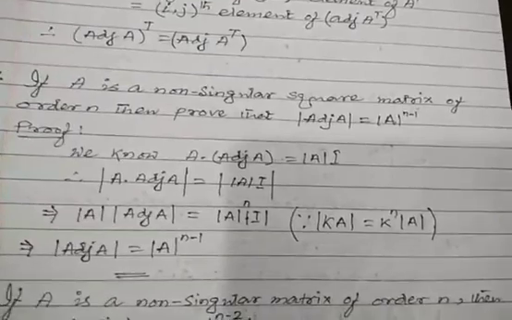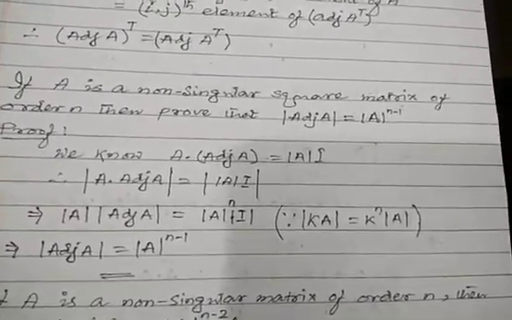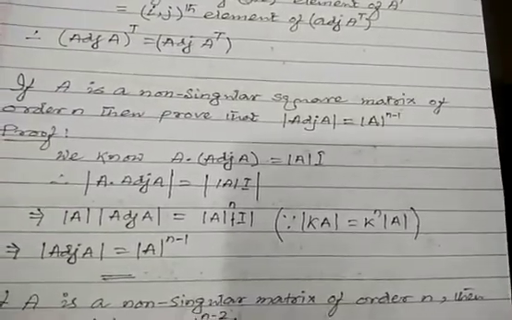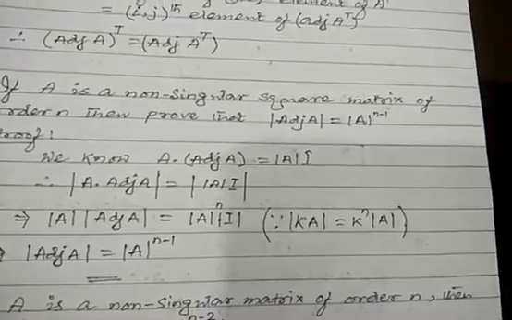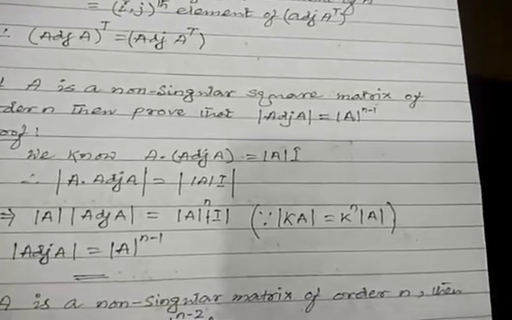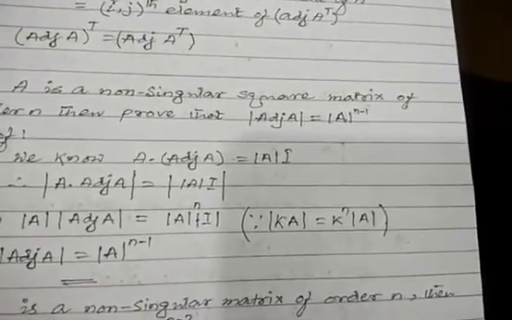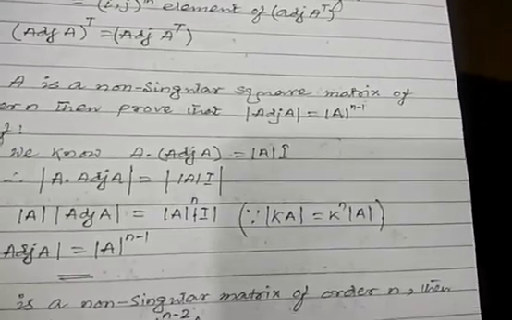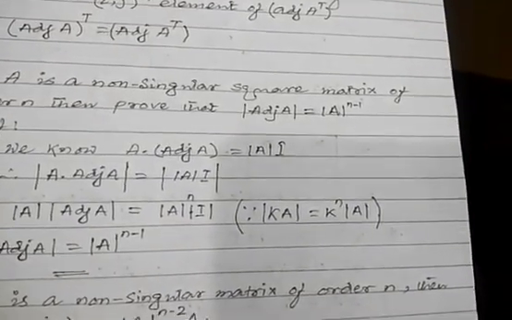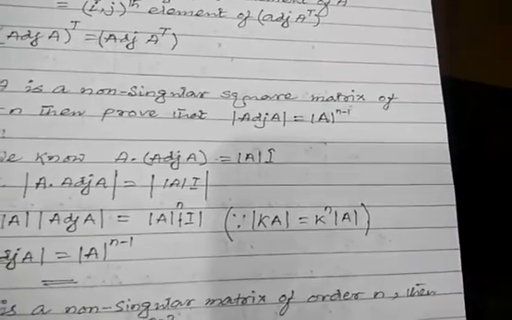We know the determinant of AB is equal to determinant A into determinant B. So the left hand side will be determinant A into determinant of adjoint A. On the right hand side, the identity matrix is multiplied by determinant A, and we are finding the determinant value of that matrix.